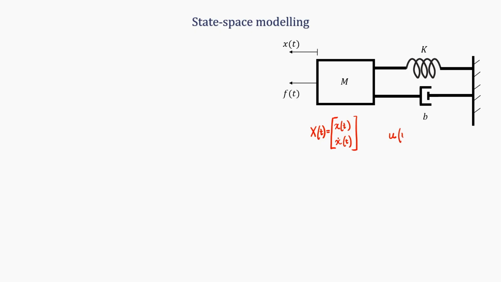What is your input in this case? Your input in this case is force, and what is your output? Your output in this case is displacement x of t. So, these are our vectors. Now let us try to write down the state equation. What will our state equations look like?